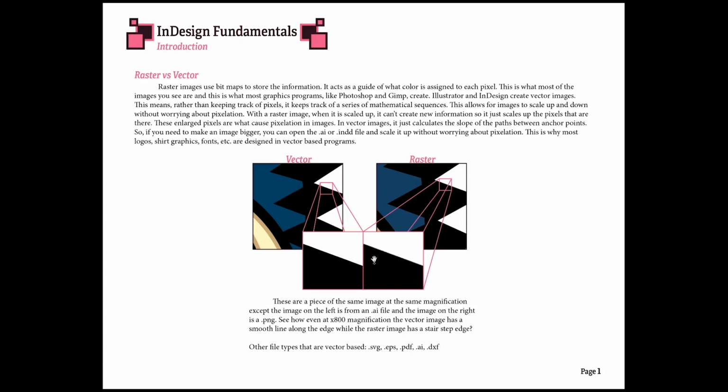So both of these are at 800 magnification, but you can see on the raster one, it's got this stair-stepping kind of effect going on, whereas on the vector one, it's still a straight, crisp line. So that's why InDesign is used for a lot of print-related media. You can make a bunch of layouts, you make things for billboards, and you don't have to worry too much about scaling, because if you need to blow something up, you can.